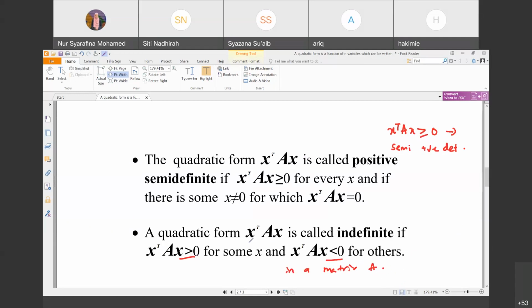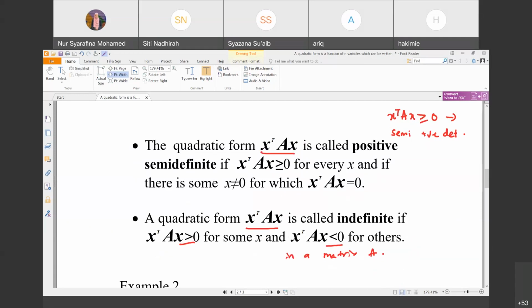So this is theoretically based on the quadratic form only. So now we have 3 types of positivity: the first one is positive definite, the second one is positive semi-definite, and the third one is indefinite.